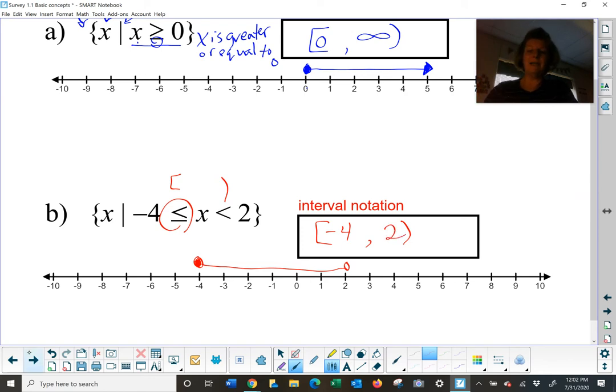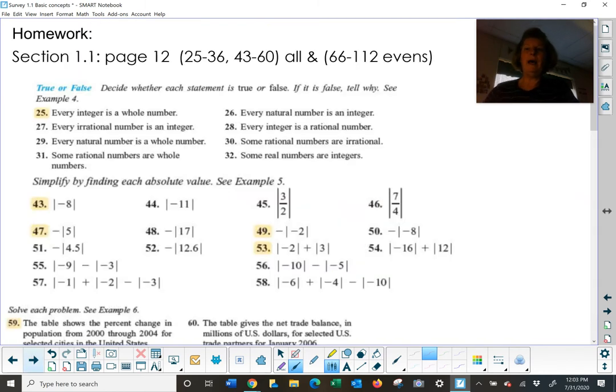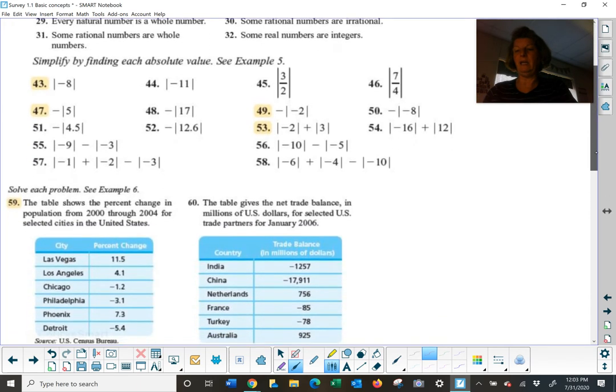That is section 1.1, a ton of review. I'm sure many of you are like, would she please go faster? Sorry if it seems slow to you. Section 1.1, page 12. This is your assignment. Notice that you're doing all of those, so 25, 26, 27, 28, all of them. Once you get to 66, you're going to switch to doing the evens.